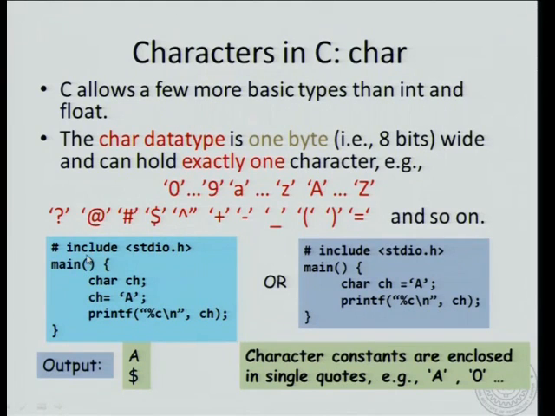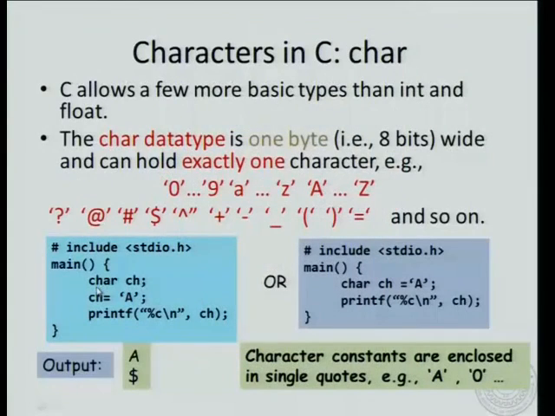So how do you declare a character variable, how do you assign it, and how do you print or scan it? These are the basic operations that you can do with any data type. You declare a character variable using the data type char. char ch will declare a variable of name ch and of data type char.